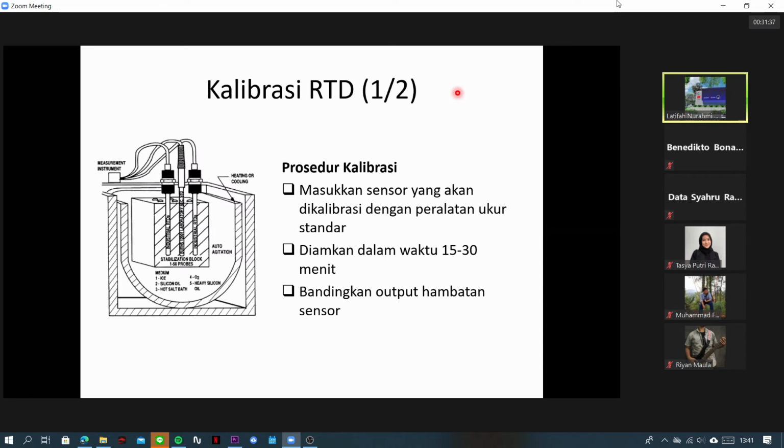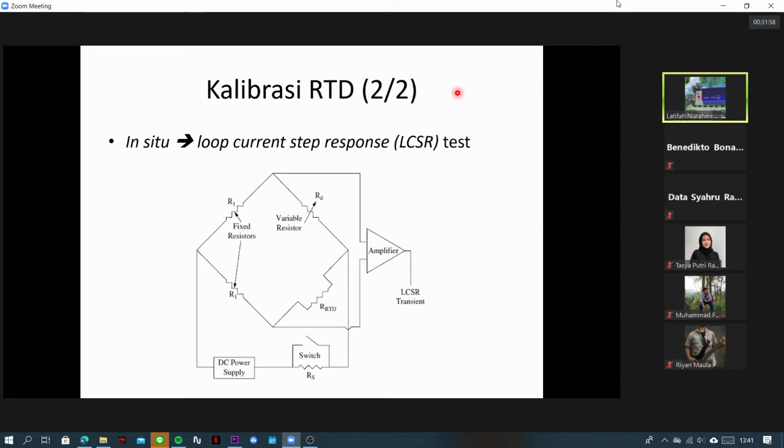After talking about characteristics of instruments, you've learned about calibrations, how to calibrate the RTD. You can take a look here. This is not something difficult to understand, to calibrate the RTD.